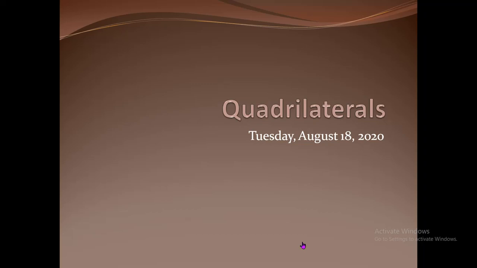And in quadrilaterals there are many types. If for a quadrilateral two of the sides are parallel to each other, then such a quadrilateral is called a trapezium. In a trapezium, there is no rule that the non-parallel sides have to be equal. If they are equal in a particular case, then that particular trapezium is called an isosceles trapezium.